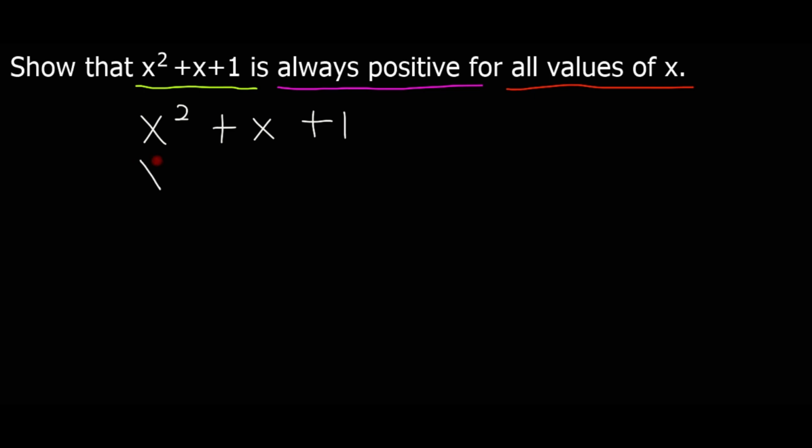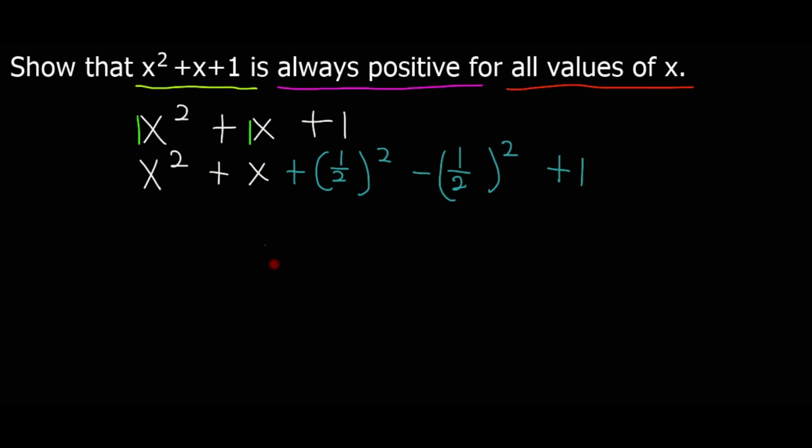We have x squared plus x, and we take our b, which we can see is 1, because we know this is b and this is a. So we take this b, divide by 2, and then square it, so we have plus 1 over 2 all squared, and then we come back with minus, and then we have positive 1.